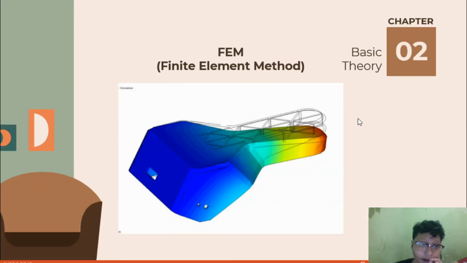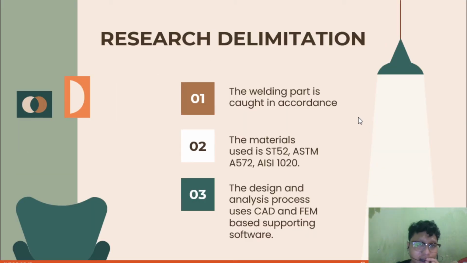The next is the research limitation. Number one, the welding part is not calculated. Number two, the materials used are ST52, ASTM A572, and AISI 1020. Number three, the design and analyzing process use CAD and FEM based supporting software.